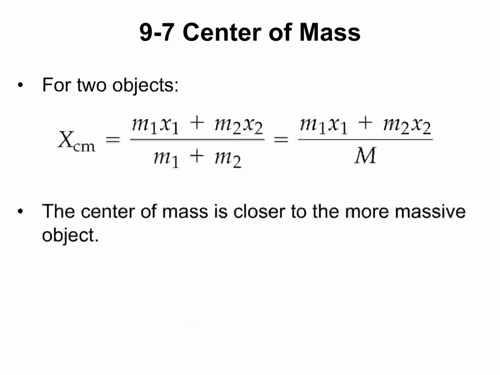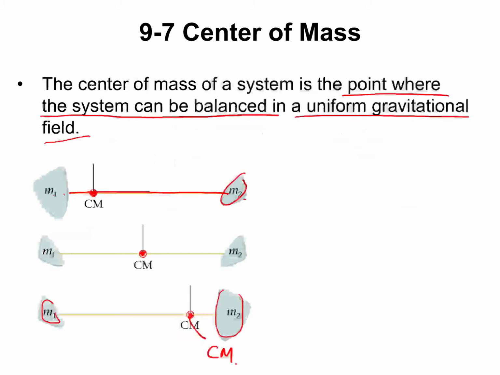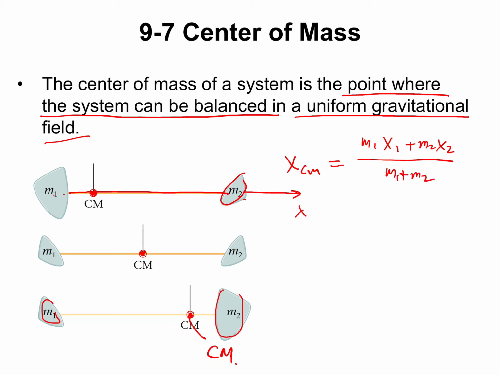Okay, well, mathematically, the center of mass of this system, the x coordinate, so assume this is the x-axis, right? The x coordinate of the center of mass is equal to m1 x1 plus m2 x2 divided by m1 plus m2.